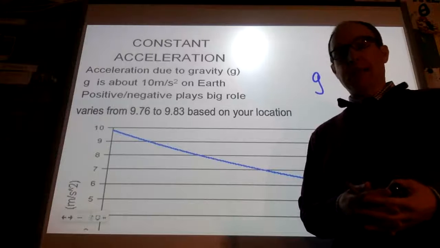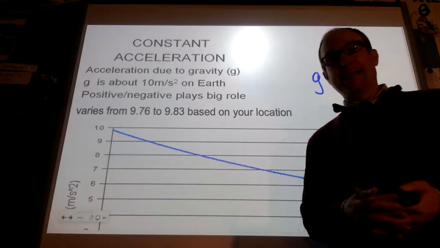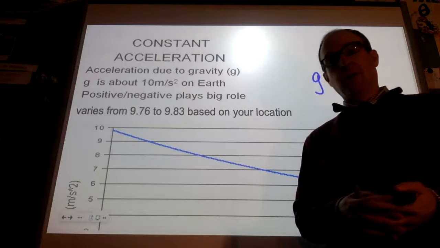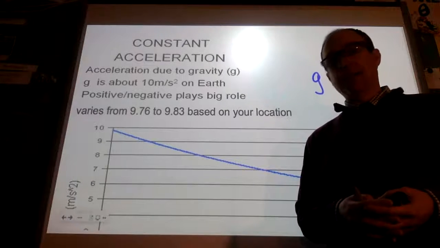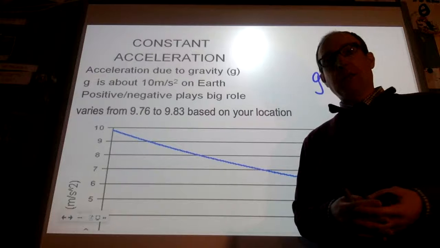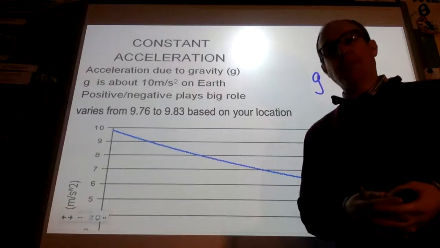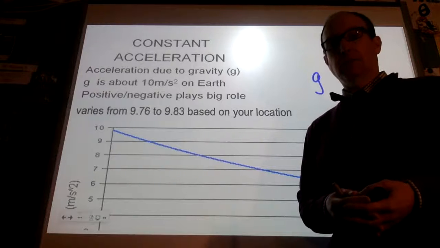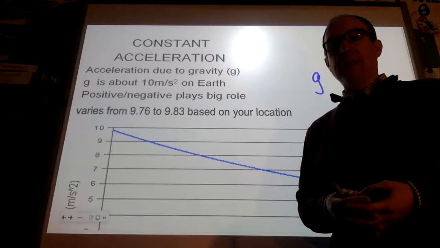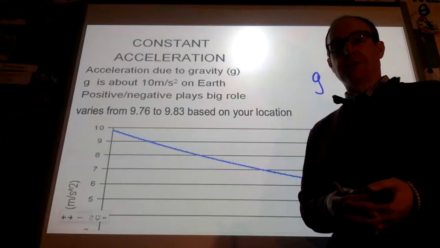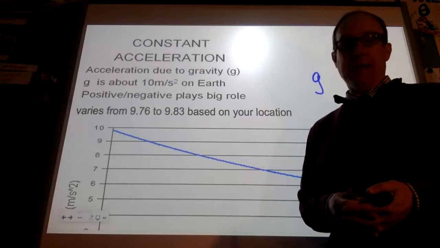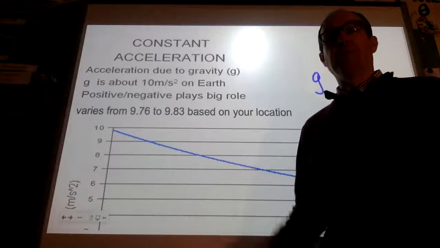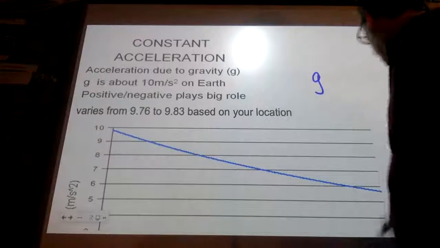For a large portion of the time that the AP test existed, you weren't allowed to use a calculator or an equation sheet on multiple choice. That's not the case anymore. But because of that, that's where we get the assumption that g is about 10. And that made the math a lot easier for students to deal with, because dividing or multiplying by 10 is just a matter of moving a decimal point.